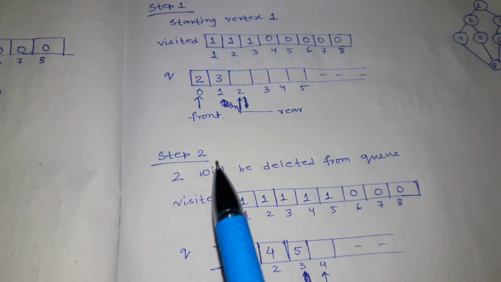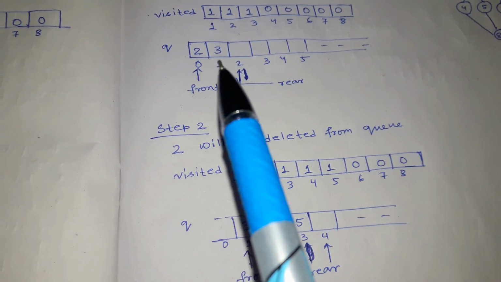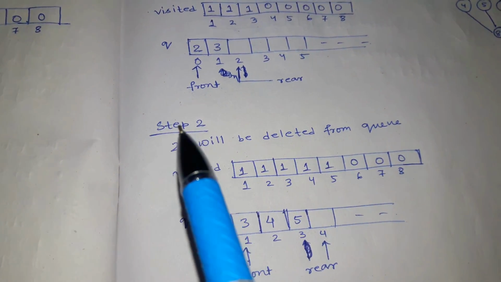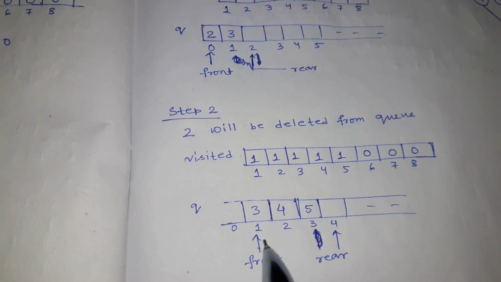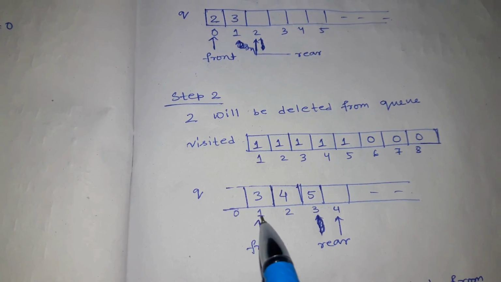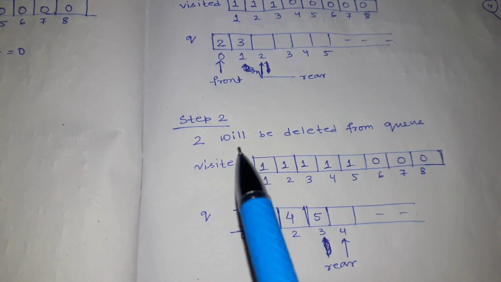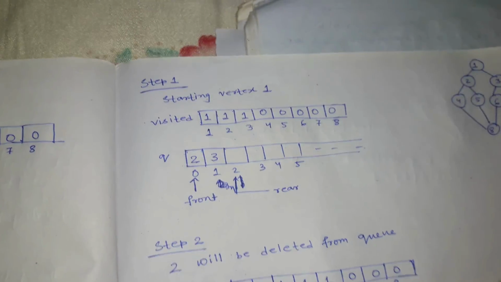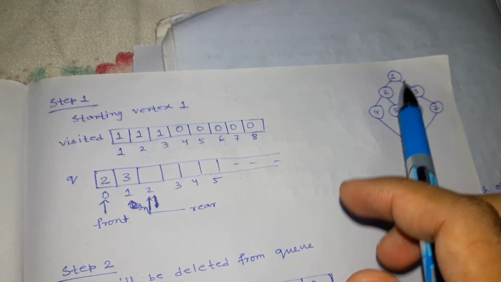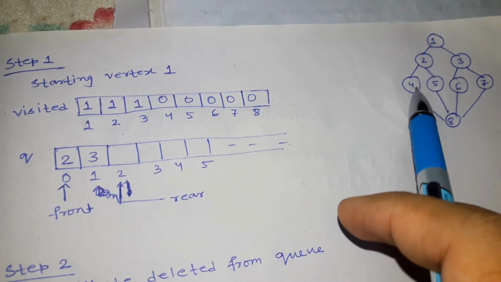So at step 2, from the front end, the item will be deleted, meaning 2 will be deleted from the queue, and the front end has been updated to index 1. Then on 2 we will check the adjacent vertices, that is 1, 4 and 5.